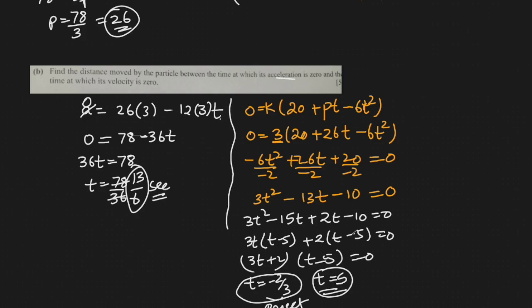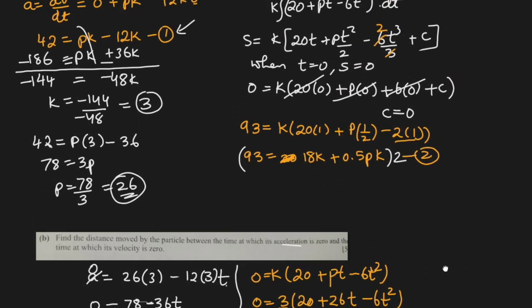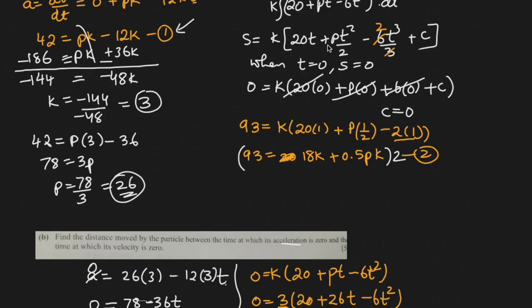And we will find the distance by using the integration we had done already, which was this. This was integration, right? I will use this one. Let me use it here only. S was k, k is 3, times 20t, and P came out to be 26.